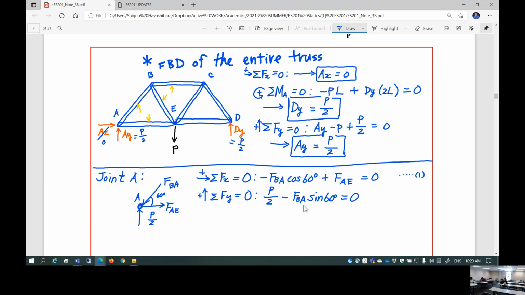Well, this is actually a single unknown, FBA. This actually gives you FBA. Oh, that's good. So this actually gives you FBA is equal to half of P divided by sine 60. If you do such computation, this should be 0.577 P.